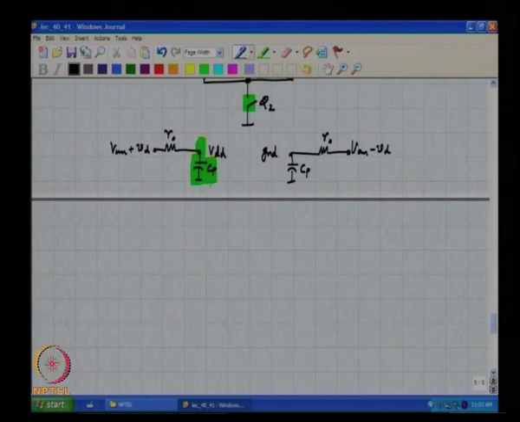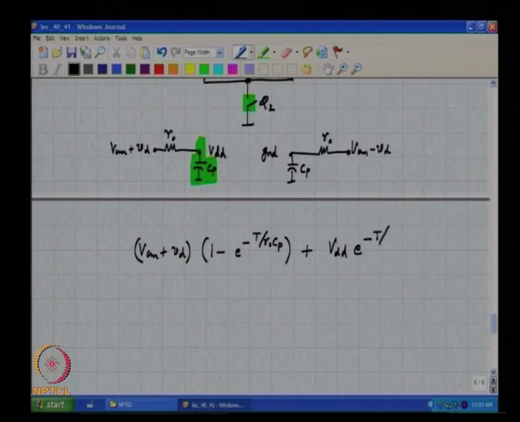The final voltage across Cp will be some VCM plus VD times 1 minus e to the minus t by R0 Cp, not to get confused with the earlier time constant, plus VDD times e to the minus t by R0 Cp.